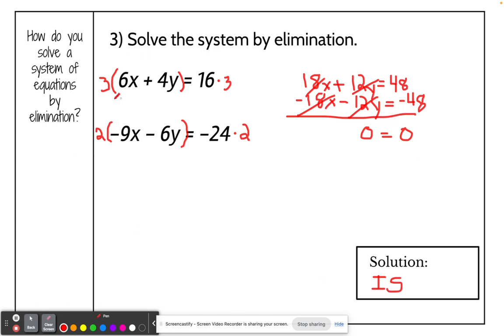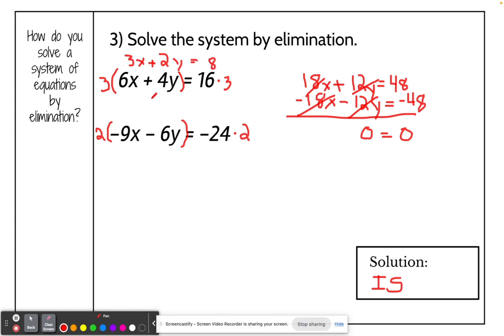You might have noticed I could simplify this. If I would have divided this whole equation by 2, I would have had 3x plus 2y equals 8.